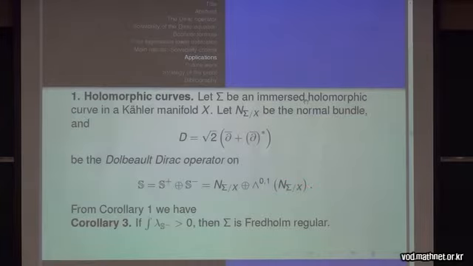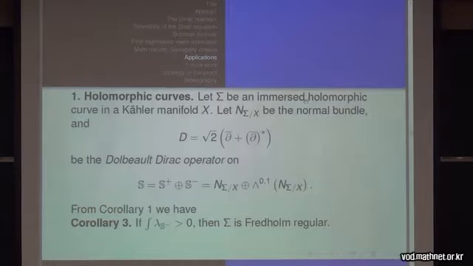So by our solvability criterion, we know that if this integral is positive, then sigma is Fredholm regular. Fredholm regular means that sigma is automatically transversal. A curve is said to be transversal means that if we study the moduli space of holomorphic curves representing a given homology class, then the moduli space near this given curve has a smooth manifold structure with dimension given by the half Dirac.